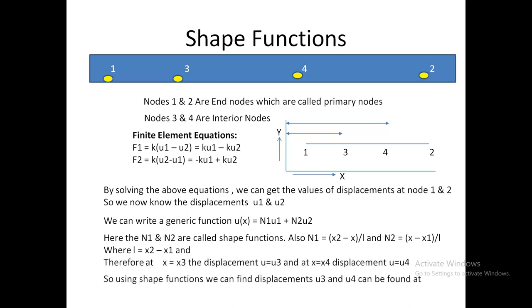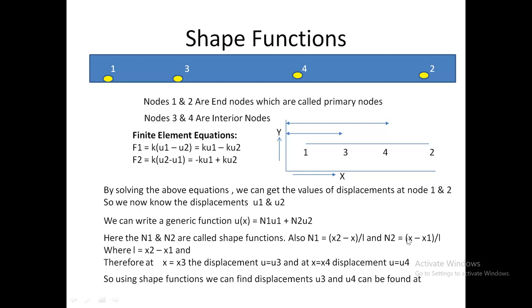Assume that at x is equal to x3, the displacement will be u3, and at x is equal to x4, the displacement will be u4. In this equation, if I substitute x3, then we can find the value of N1, which is (x2 minus x3) by L, and similarly N2. We substitute N1 and N2 here, and we already know u1 and u2. The complete sum of these two terms will give you u3 at the distance x3.